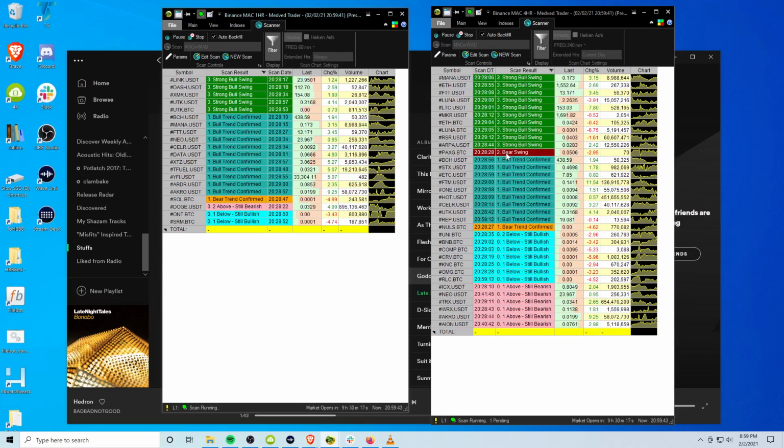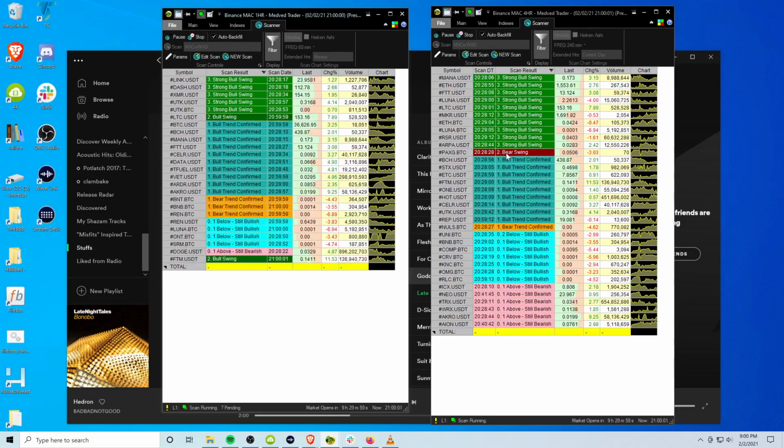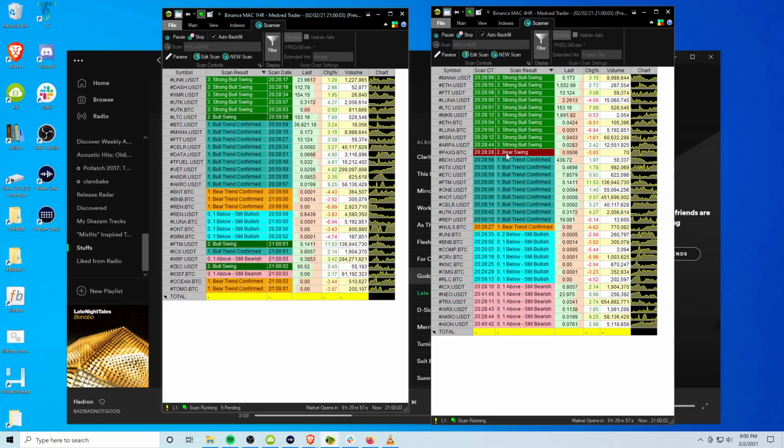Static support being support that won't change, so some historical price level that's acted as support, or dynamic support, which would be something like a moving average or the VPOC in the volume profile, or I don't know what other people use for support, but anyways, some sort of moving support.